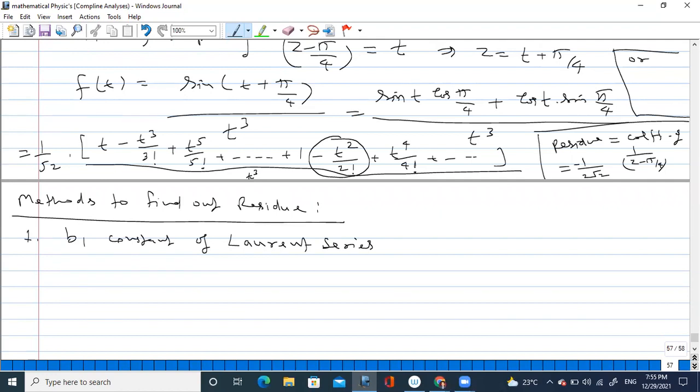You can write it here: order is 3. Pole z equal to pi by 4 is of order 3. Okay, so now it is correct.